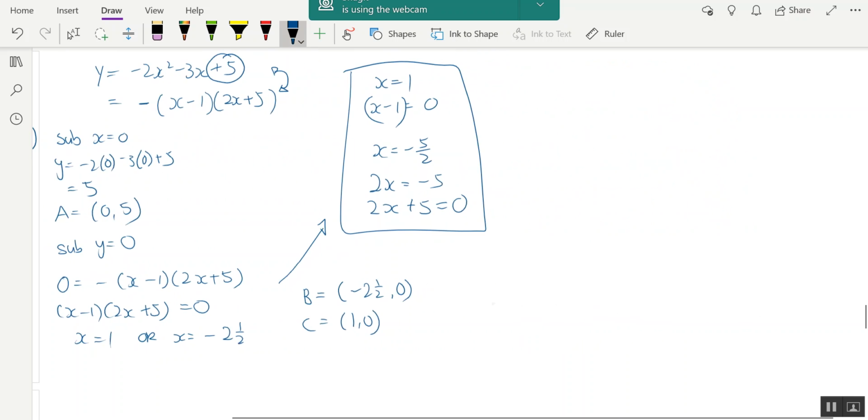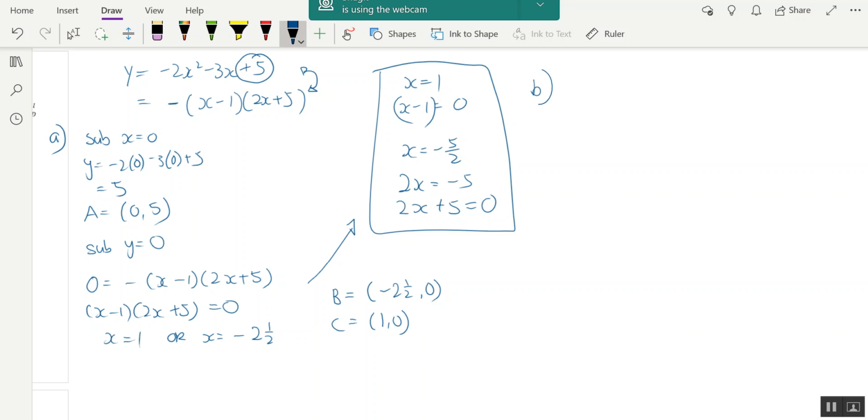The turning point would always be the average of the two x-intercepts. That would be negative 2.5 plus 1 divided by 2. Okay, and that would be equals to negative 3 over 4.